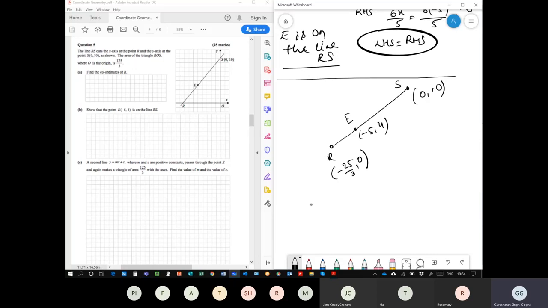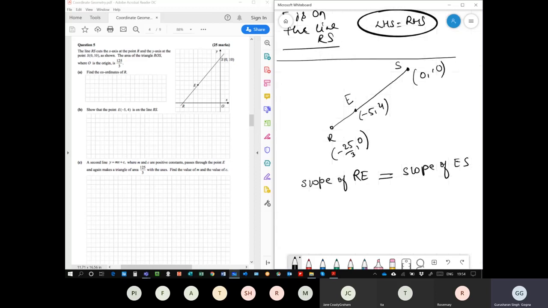Okay. So another way of proving is that the slope of RE should be equal to slope of ES, because until unless they are all on the same line, it should give you the same slope for the line. Okay.